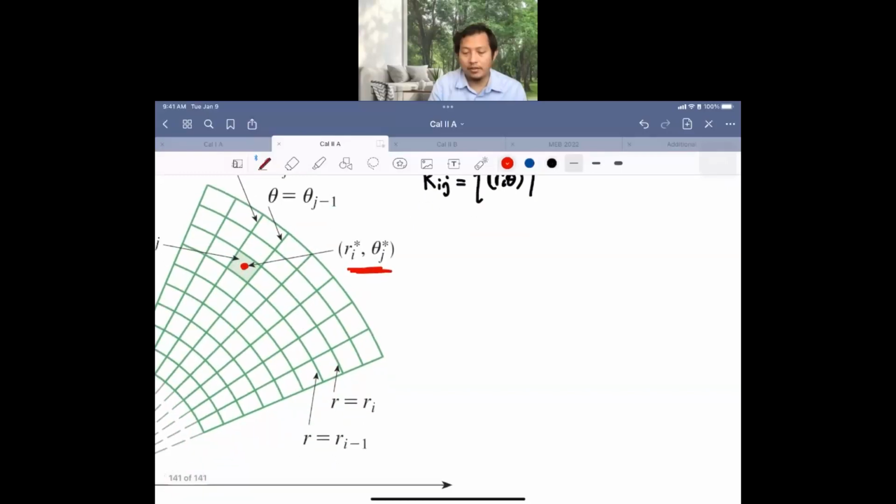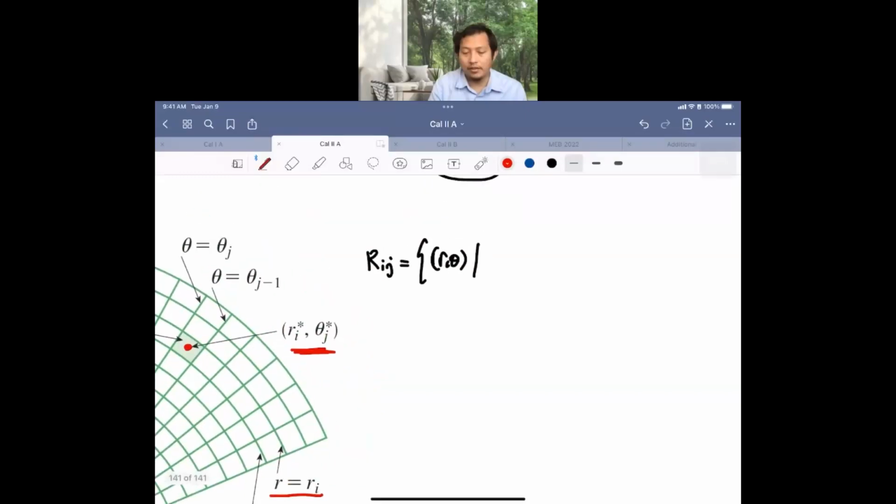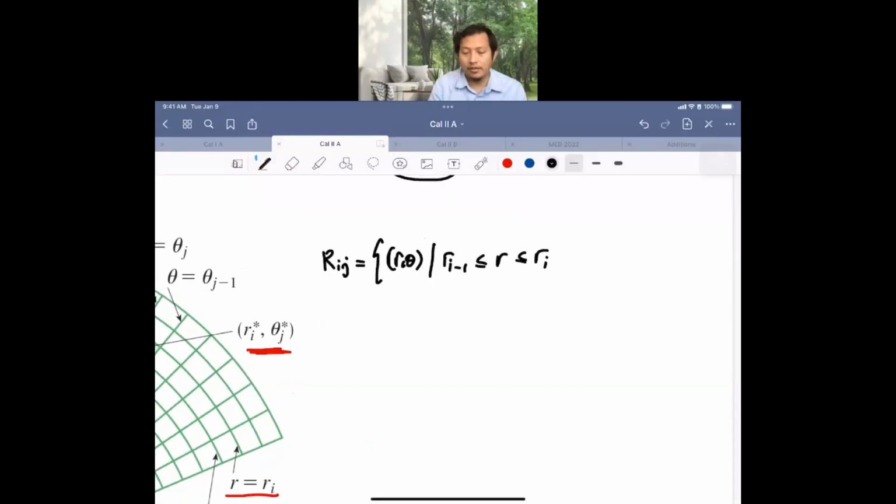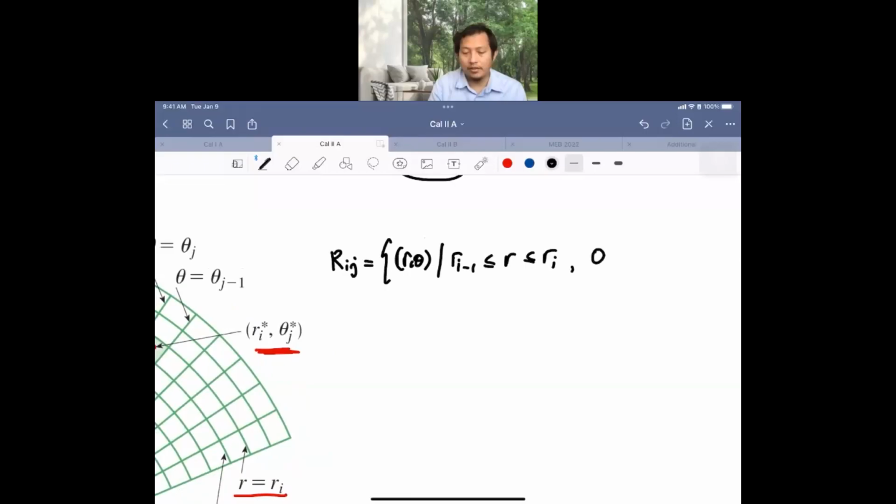For example, if we take ri minus 1 and ri as our radius, we could write r from Ri minus 1 up until Ri, and theta from theta j minus 1 to theta j. Just to show you that this is the sub-rectangle, a small piece when we slice all the polar patterns.